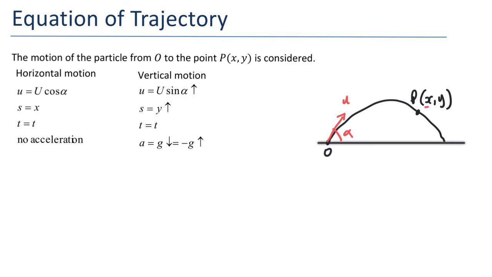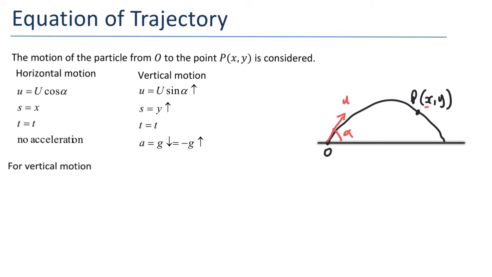For the vertical motion then, u, the initial velocity, is the vertical component of u, so it's u sine alpha, and that's moving up. Depending on which way we take as positive or negative will determine its sign, but it's u sine alpha going up. The distance travelled in the y direction is y for this point. The time taken to get there is t seconds again, and the acceleration is either acting down, in which case it's g, or it would be minus g if we're taking up as positive.